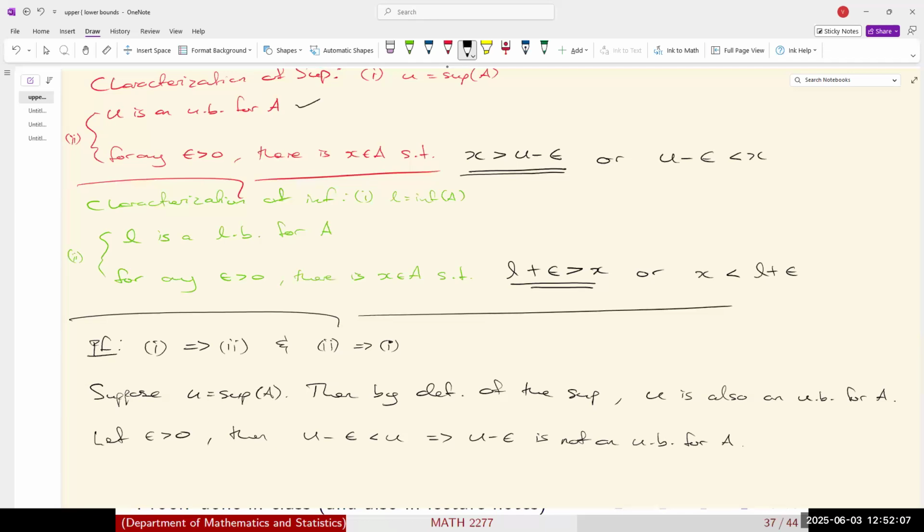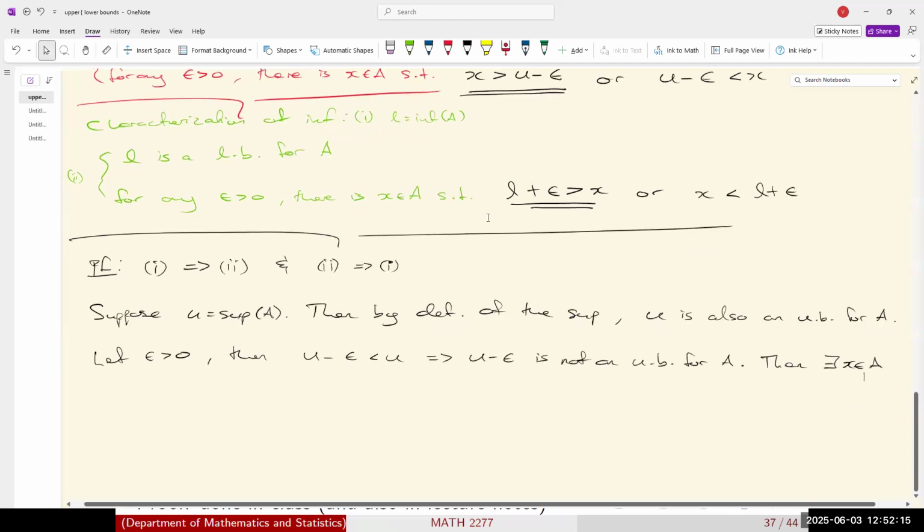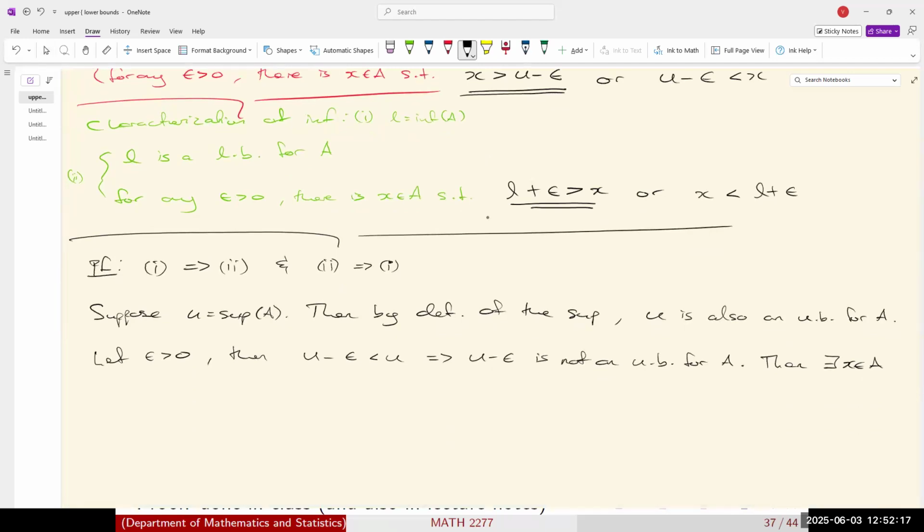If it is not an upper bound for A, then there exists an element belonging to the set A that must be bigger than it, right? Such that X is bigger than U minus epsilon. And that's what we want to prove.